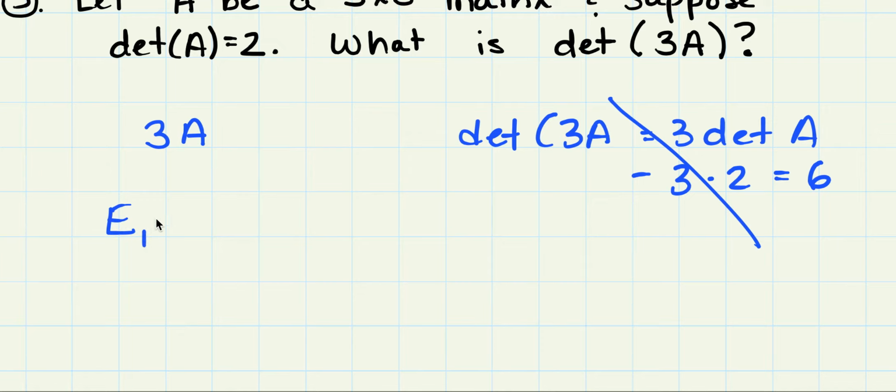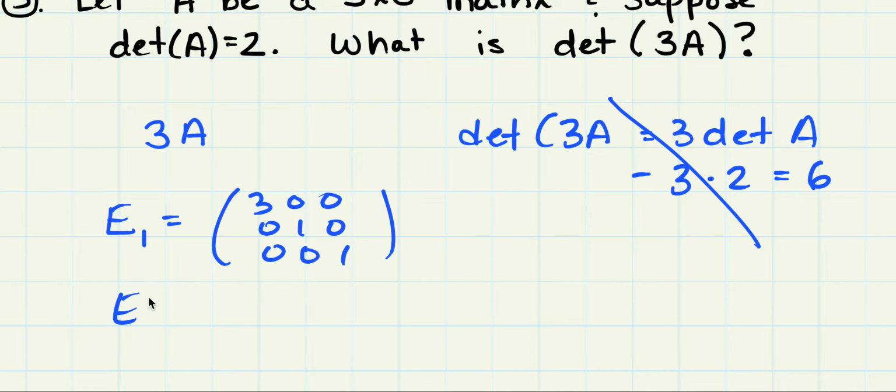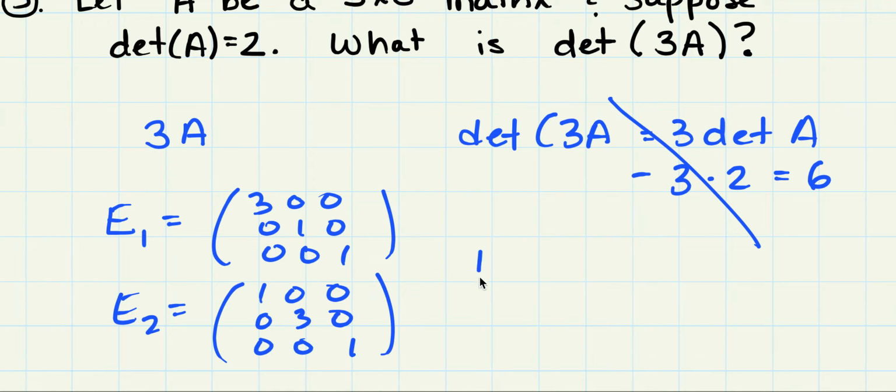So E1 can be the matrix 3, 0, 0, 0, 1, 0, 0, 0, 1. E2 is 1, 0, 0, 0, 3, 0, 0, 0, 1. And then E3 is 1, 0, 0, 0, 1, 0, 0, 0, 3.